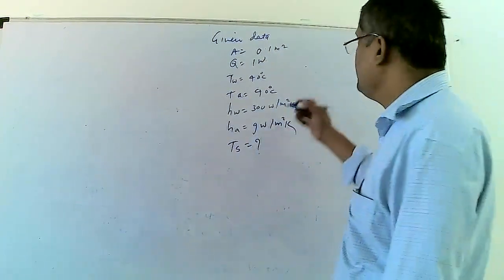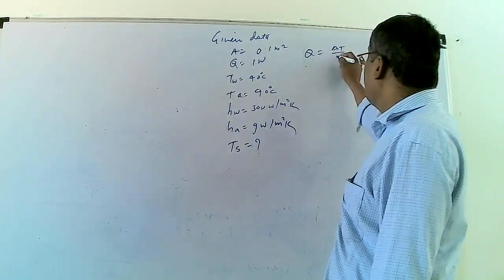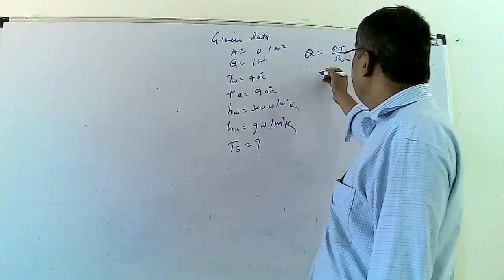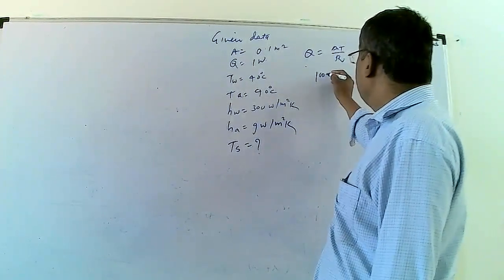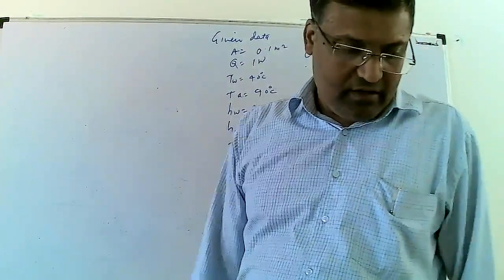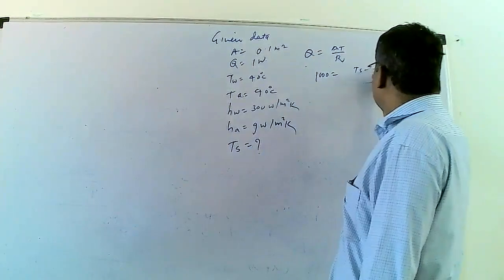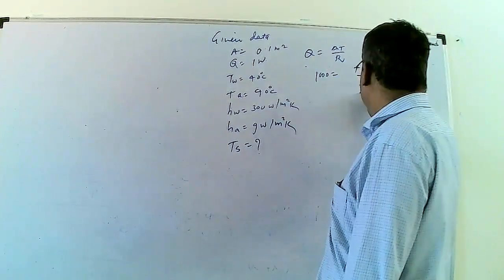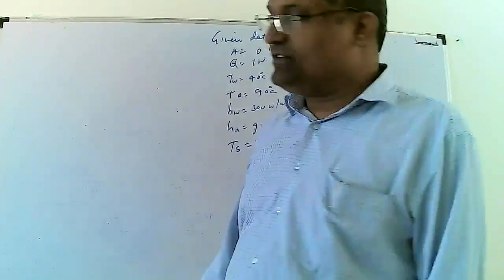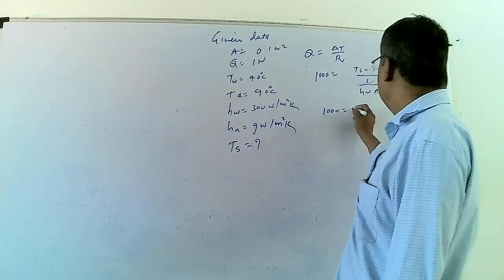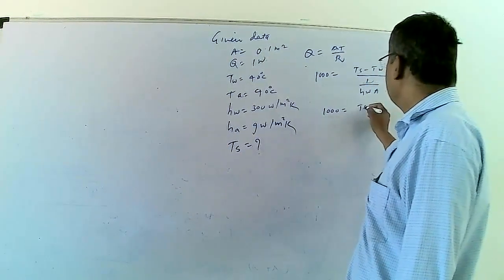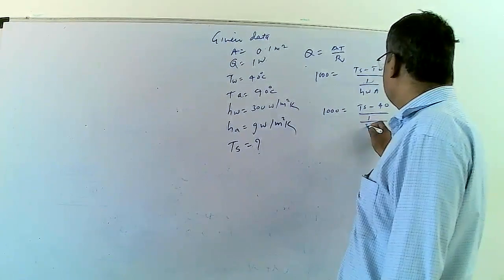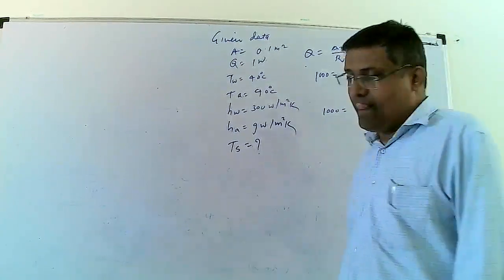First we use the formula Q is equal to delta T upon R. Q is equal to 1 kilowatt, then we convert into watt. Q equals (TS minus TW) upon 1 upon hW A. Then we substitute the values: 1000 equals (TS minus TW) upon 1 upon (300 into 0.1).